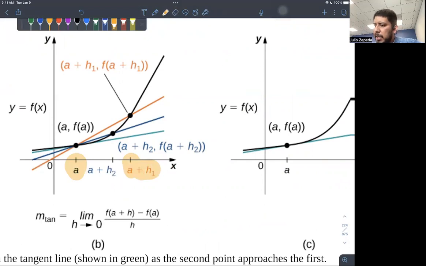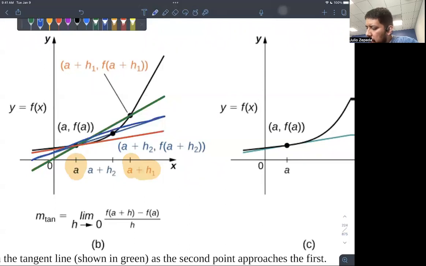Okay, well, the approximation is okay here. But again, we want it to approximate this tangent line here in red. And so how can we do that? We can decrease the value of h, make h smaller so we get closer to a.